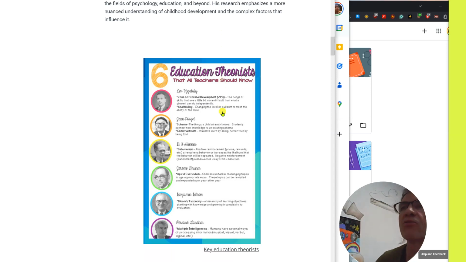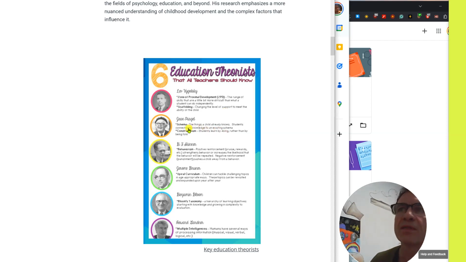This is the range of learning opportunities that a student has. And this word, scaffolding, that we met, changing the level of support to meet the ability of the child. And again, that's through your support and other students, pairs, groups helping each other.